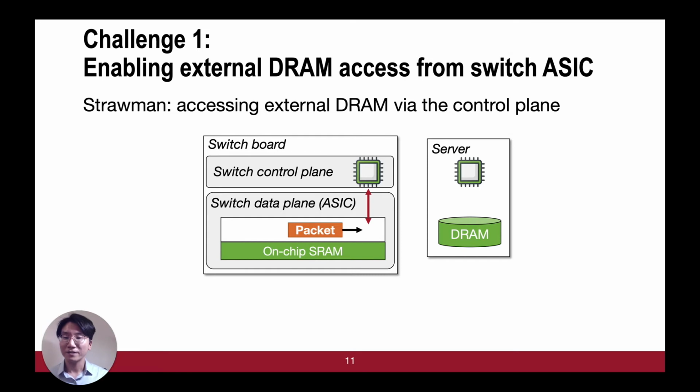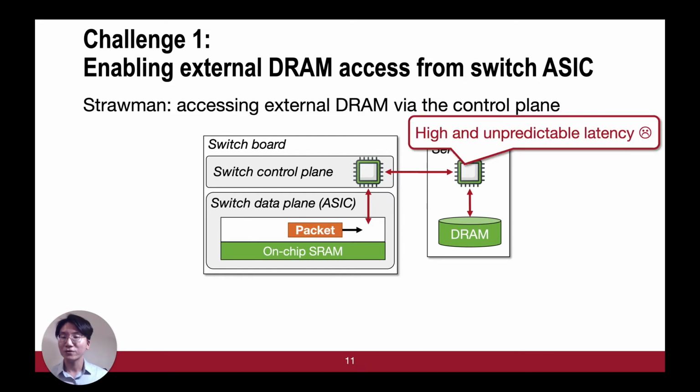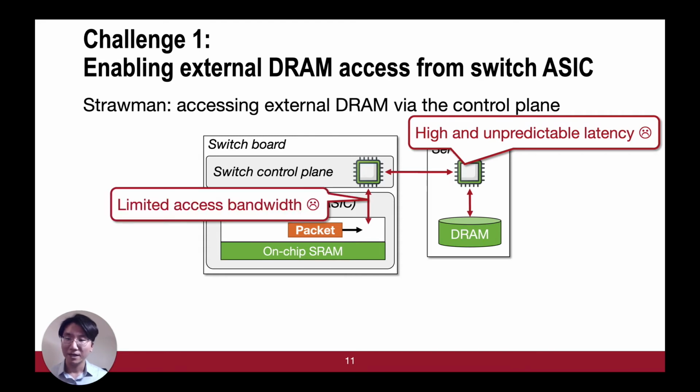To achieve this, the ASIC can access DRAM through the control plane, so CPUs on the control plane and the server establish a connection, and the control plane CPU retrieves the entry from DRAM through a traditional RPC-like mechanism. But in this control plane-based mechanism, due to CPU involvement of the control plane and the server, it can incur high and unpredictable latencies, and also the bandwidth between the ASIC and the control plane as well as the control plane and the server is limited.